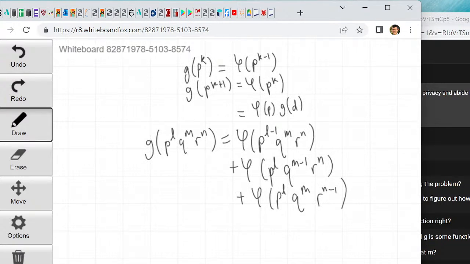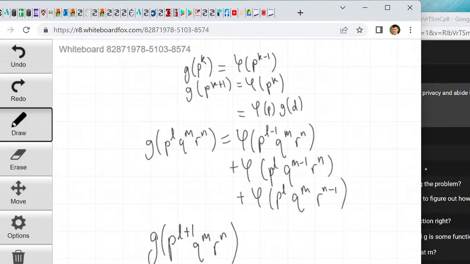And if you increase one of the powers by 1, let's say l plus 1, then what would you get?